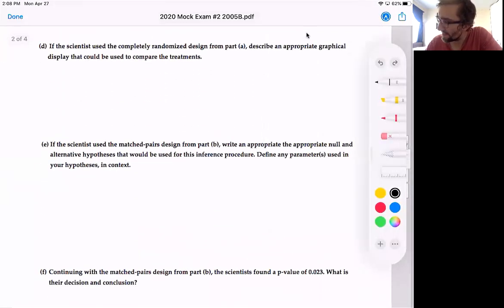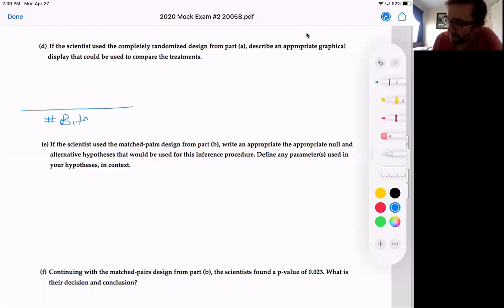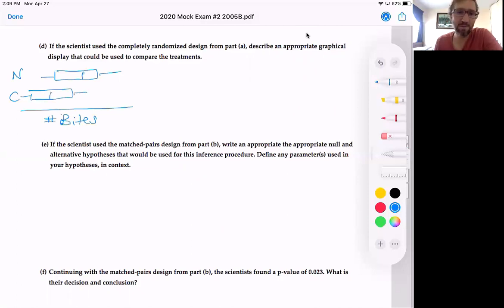If the scientists used a completely randomized design from part A, describe an appropriate graphical display that could be used. So like I did before, you can imagine you're going to have the number of bites as your response variable, and you're going to have to compare the two groups. You have a lot of people here. So with 100 people, 50 per group, it might be justifiable to do comparative box plots.